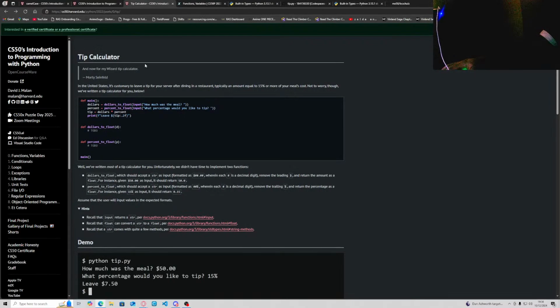It's a tip calculator. Over here, you input how much the meal was, say at a restaurant. You're trying to calculate the tip for a meal. Say the meal was $20.